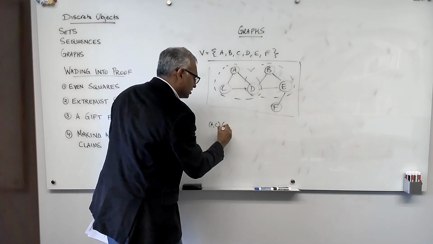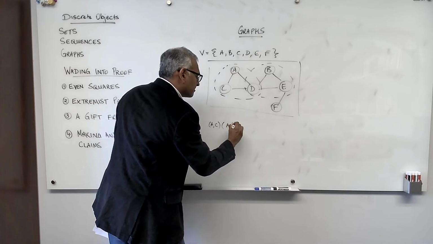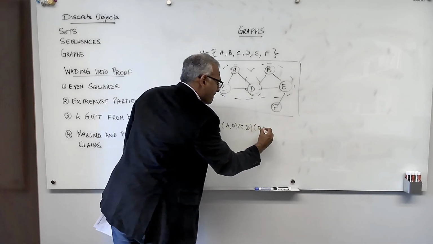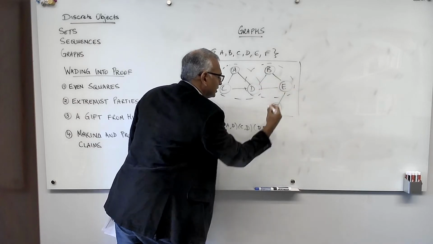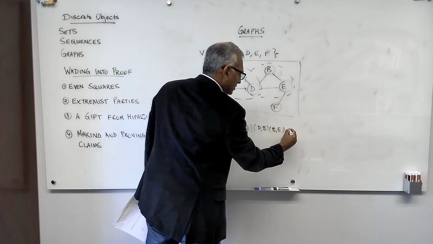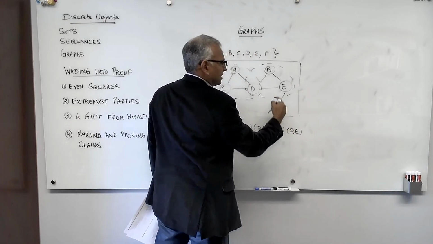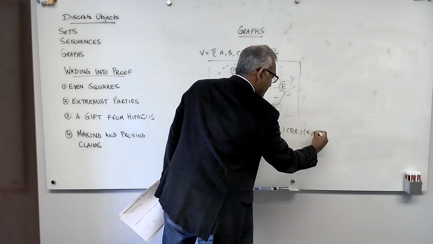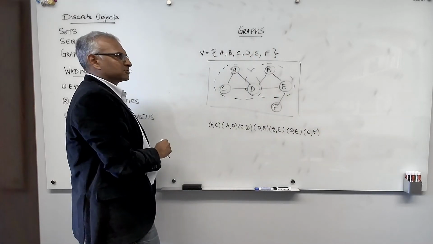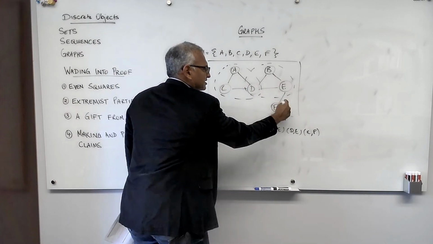There's AC, there's AD, there's CD, there's DB, there's BE, and there's DE, and then there's EF. So 1, 2, 3, 4, 5, 6, 7 friendship relationships corresponding to 1, 2, 3, 4, 5, 6, 7 links.